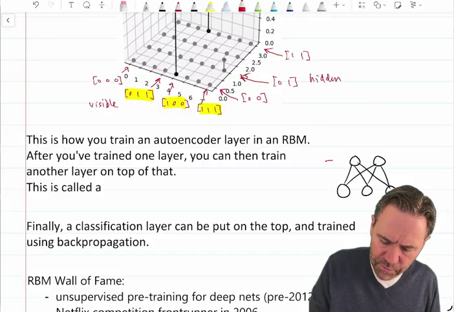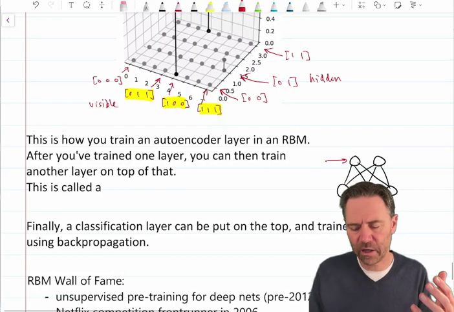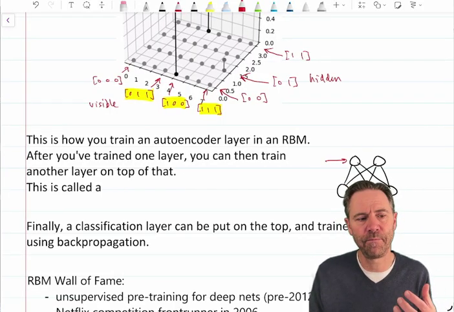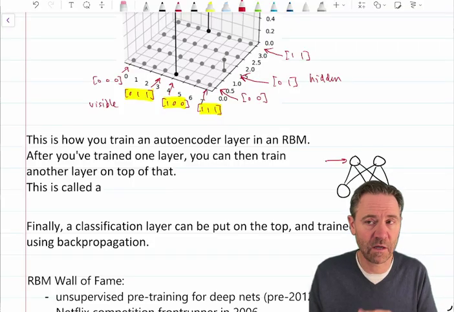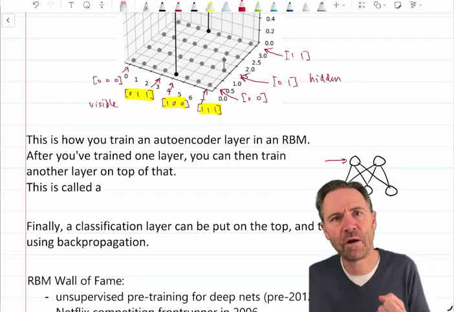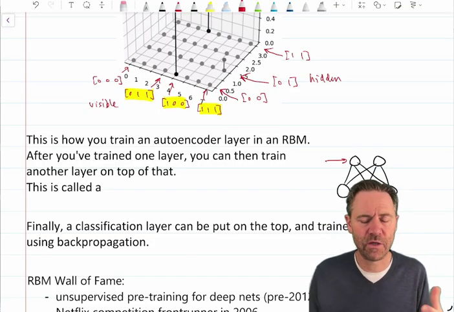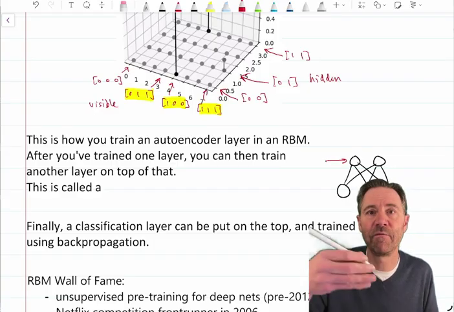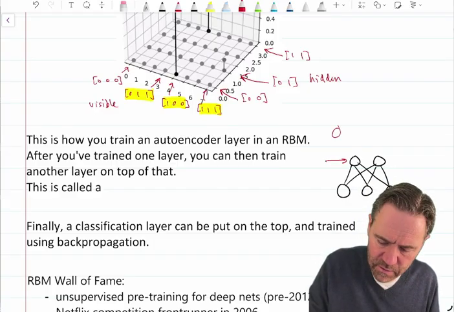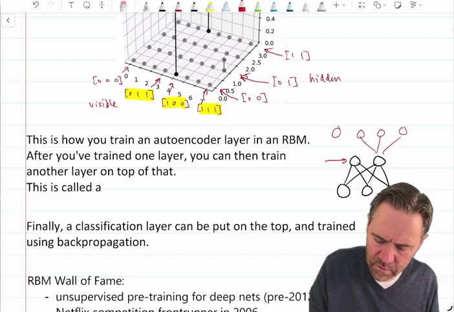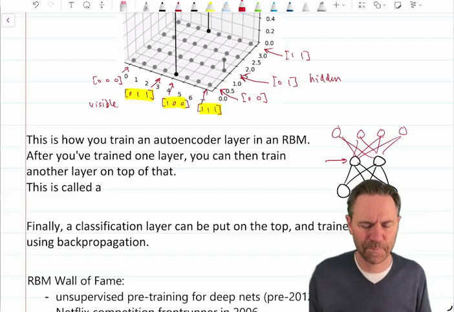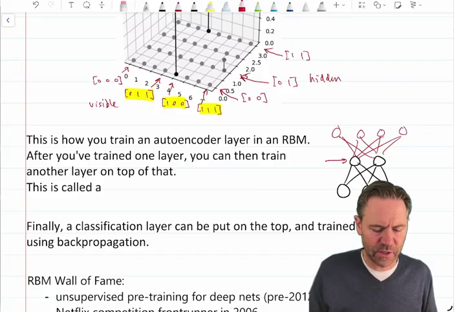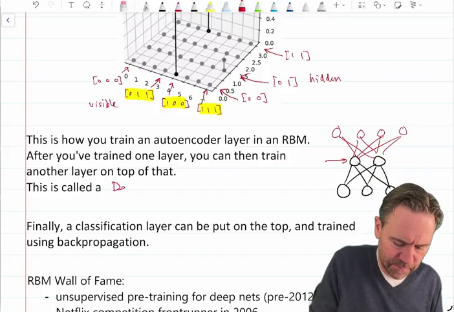So when you put inputs in, you know that your hidden layer is going to be an efficient, high fidelity representation of the visibles, and you can now use that as the visible for the next layer. I won't draw all these connections in, but you get the idea. So this is called a deep belief network.